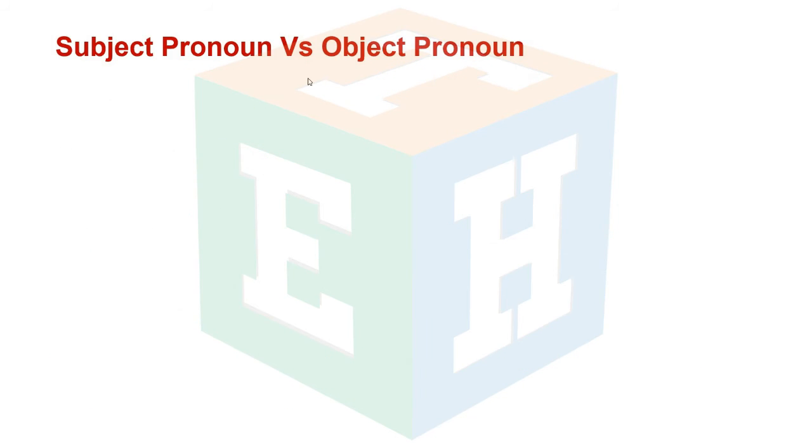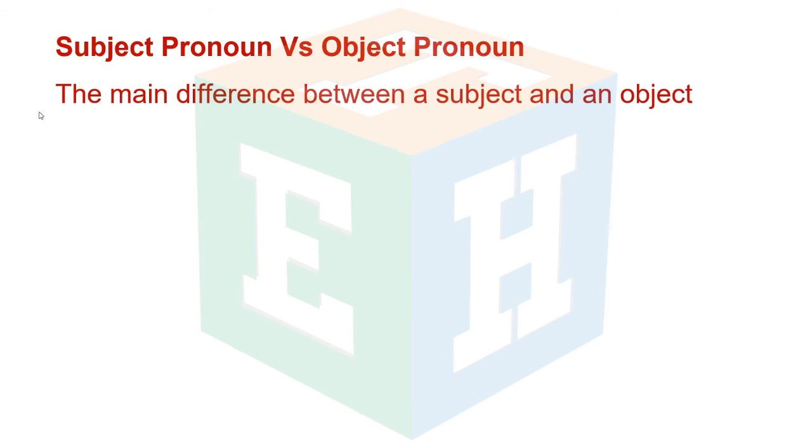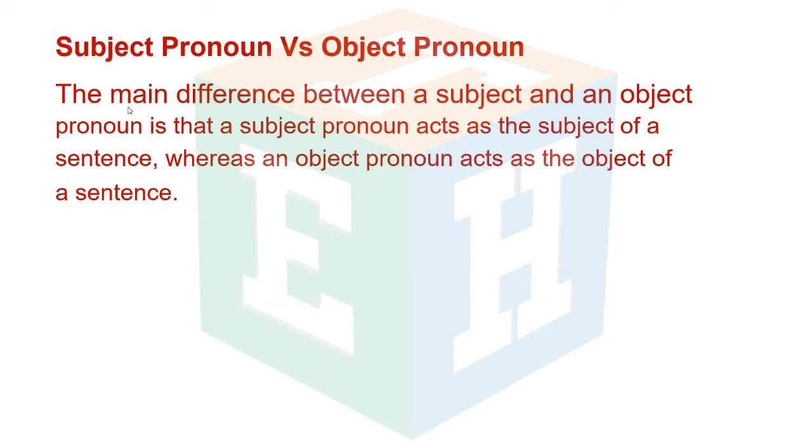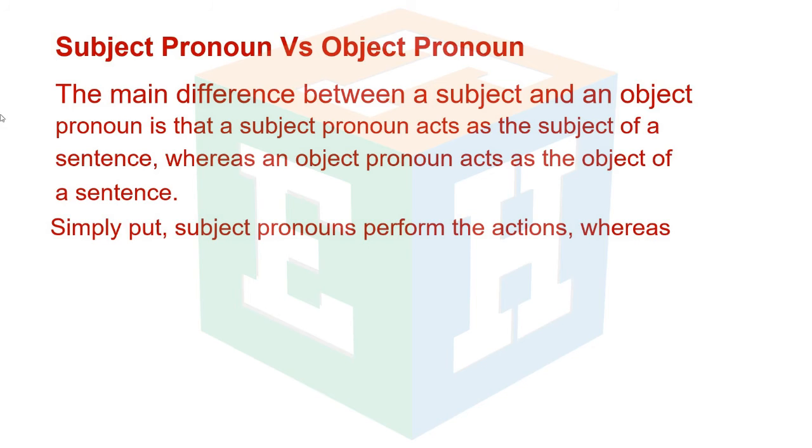Subject pronoun versus object pronoun. The main difference between a subject and an object pronoun is that a subject pronoun acts as the subject of a sentence, whereas an object pronoun acts as the object of a sentence. Simply put, subject pronouns perform the actions, whereas object pronouns receive the actions.